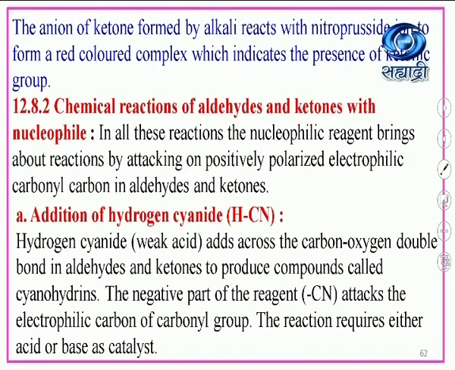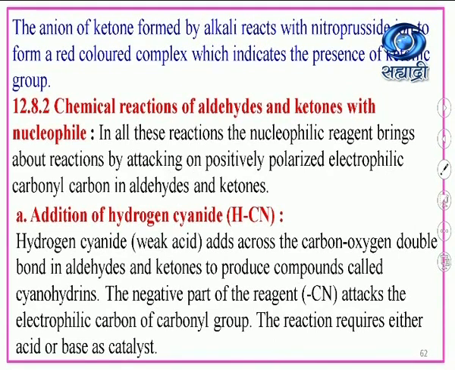Then the addition of hydrogen cyanide, that is HCN. Hydrogen cyanide, a weak acid, adds across the carbon-oxygen double bond in aldehydes and ketones to produce compounds called cyanohydrins. The negative part of the reagent, that is the CN- ion, attacks the electrophilic carbon of a carbonyl group.